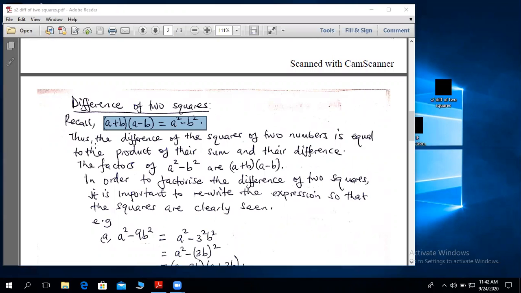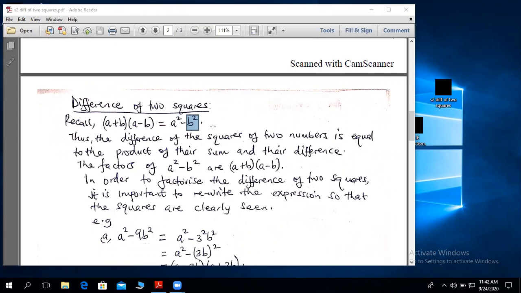Now, that's the difference of two squares: the difference of the squares of two numbers. The first number is this, so the difference of the square of A minus the square of B. The difference of the squares of two numbers is equal to the product.